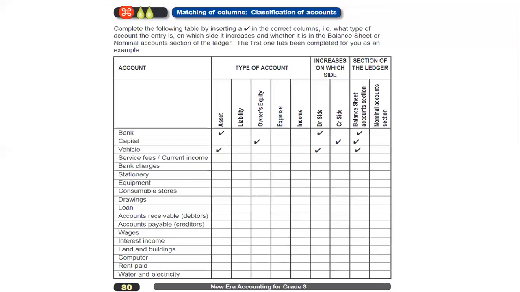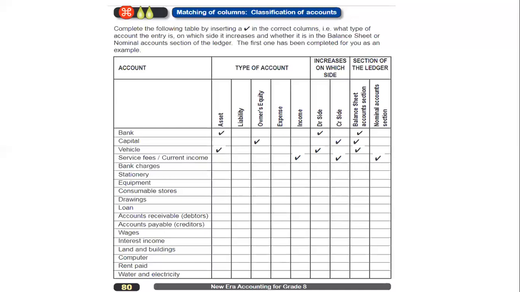So this is an income account, right? And you see that the service fees or income account, it increases when it gives. It always gives to the bank, so it increases on the credit side. And you find this in the nominal account section.